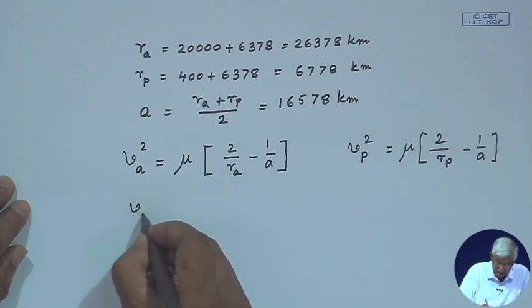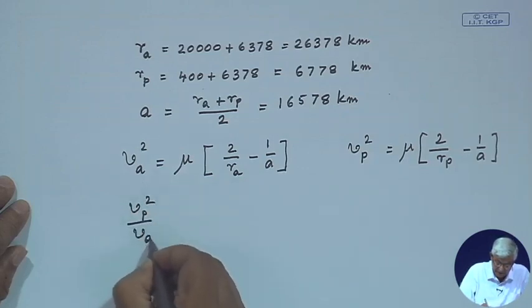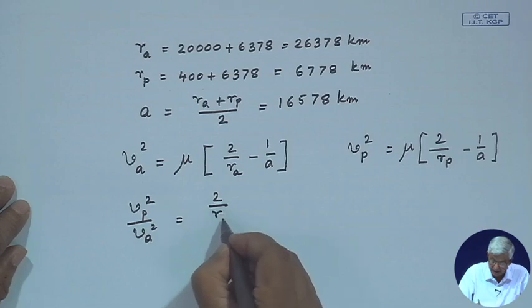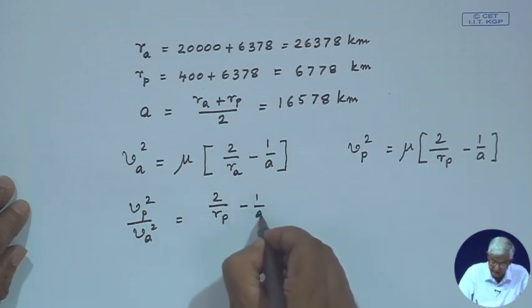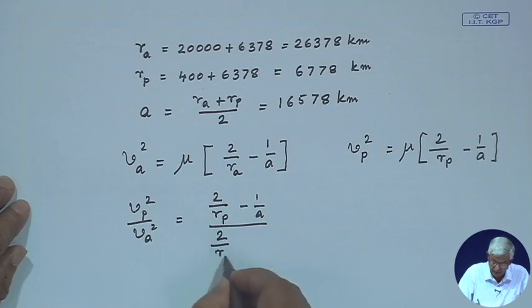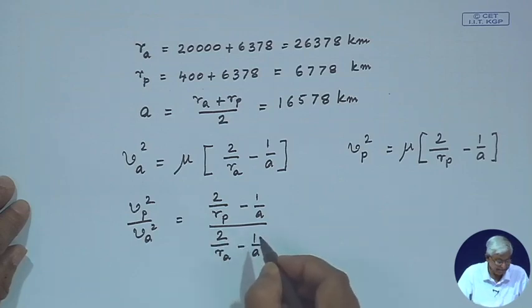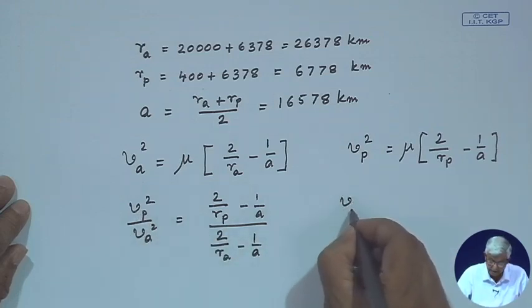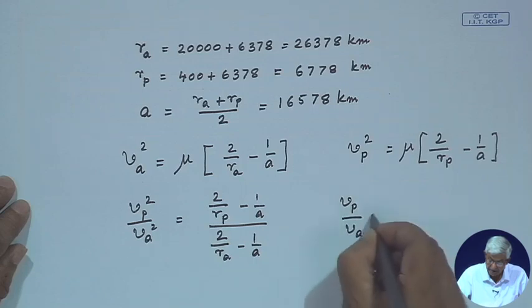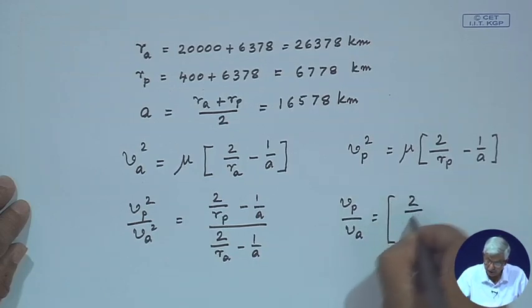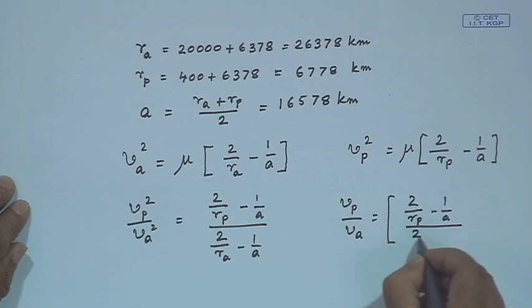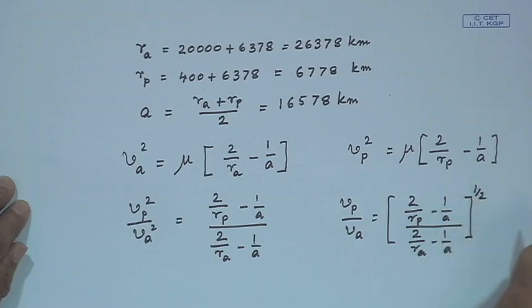So, V P square by V A square is, mu will get cancelled, 2 by R P minus 1 by A divided by 2 by R A minus 1 by A, and V P by V A will be the square root of that, that is, the whole ratio to the power half.